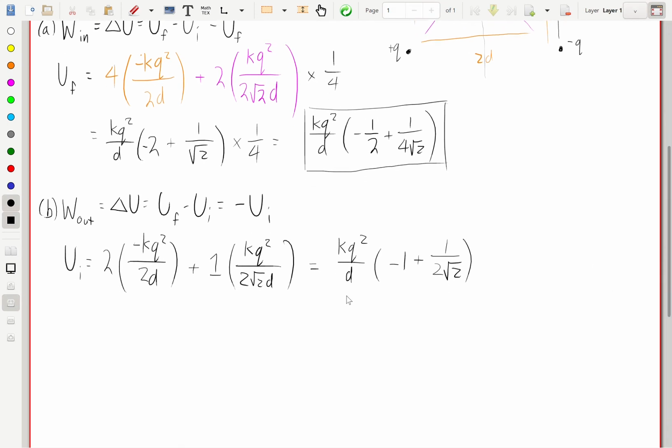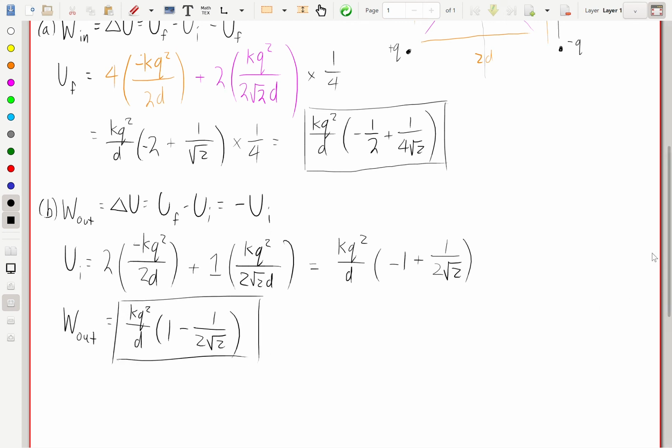And we have work out is going to be the negative of this, or kq squared over d of 1 minus 1/(2 root 2). That's the answer to part B.